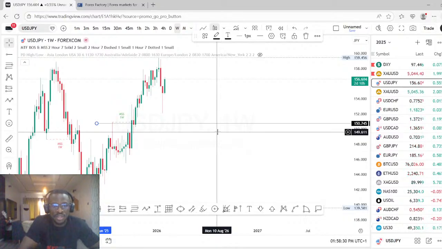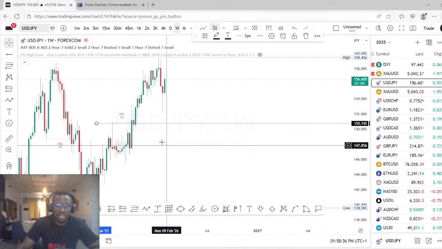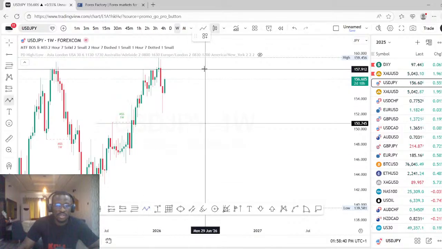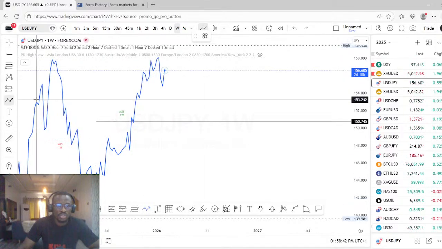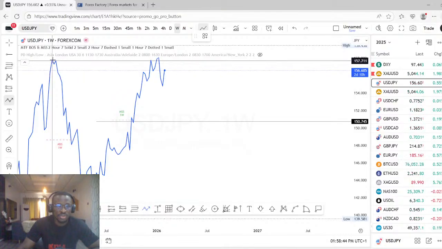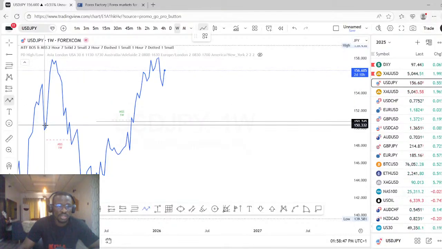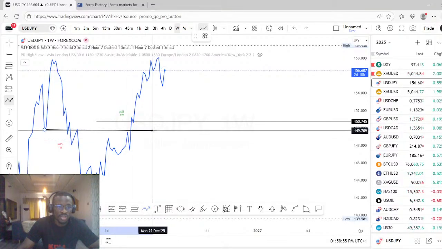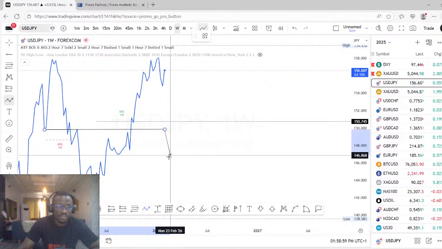So going back to the weekly time frame, what are we looking forward to in the weekly time frame? We are looking to see where price has reacted severally. Now when you look at the left hand side of this chart, you can agree with me that the market has been forming what? Lower highs. Price broke this level, and ever since it broke this level, it has also tried as much as possible to close back above it.